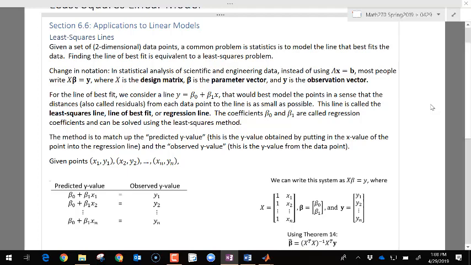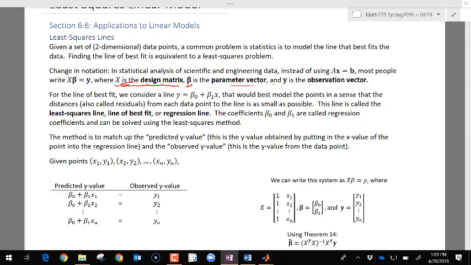The matrix X is sometimes called the design matrix. It turns out that you can apply this not just for linear models, but for quadratic models, exponential models, and all kinds of other types of models. Beta is your parameter vector, and this is what you have to solve for.